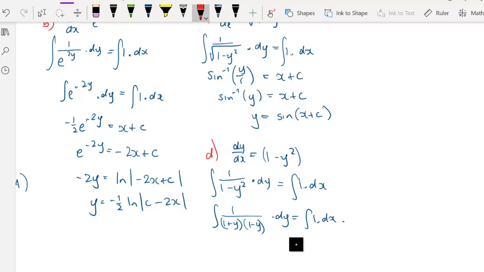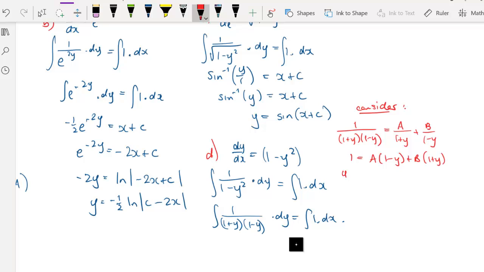Now, recognizing that this is going to take an integration by partial fractions approach is important. We need to consider this 1 on (1 plus y)(1 take y) in the form a on 1 plus y and b on 1 take y. So we end up with 1 is equal to a lots of (1 take y) plus b lots of (1 plus y).